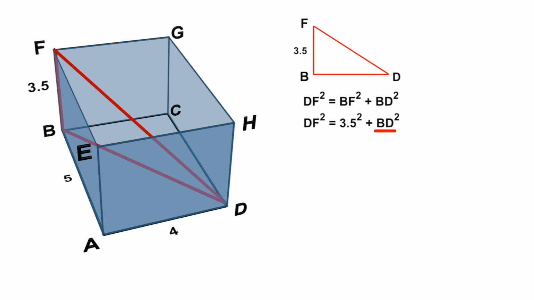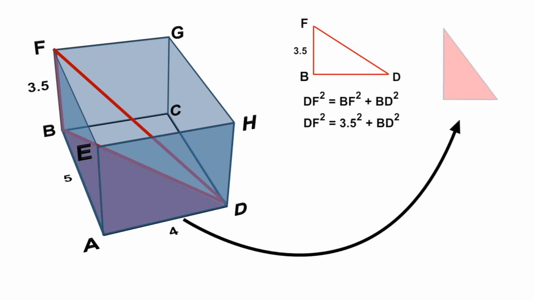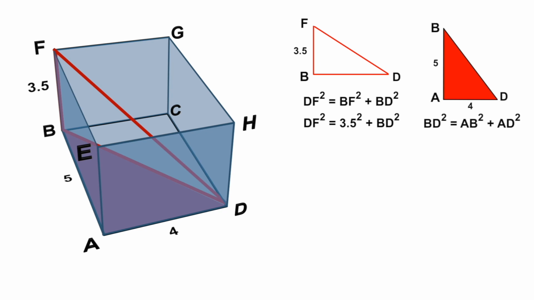But how do we do that? Well, BD is the diagonal of the base of the box, which is the rectangle ABCD. We can create another right-angled triangle, ABD. Again, using Pythagoras, BD squared is equal to AB squared add AD squared.